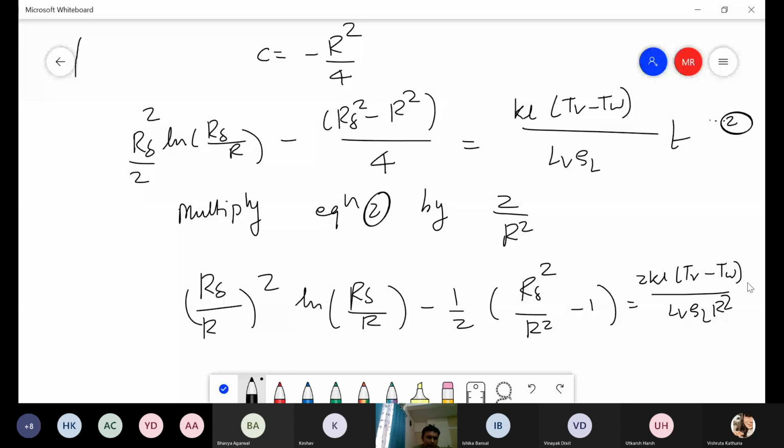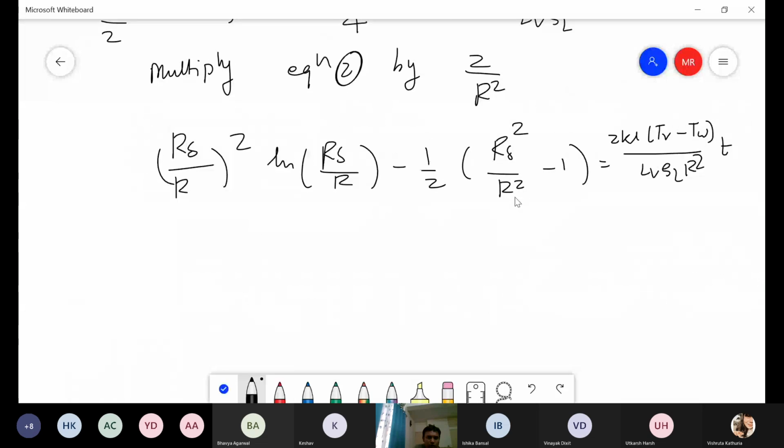And if you further rearrange, the whole square we have taken common, so this becomes ln r delta by r minus 1 by 2.